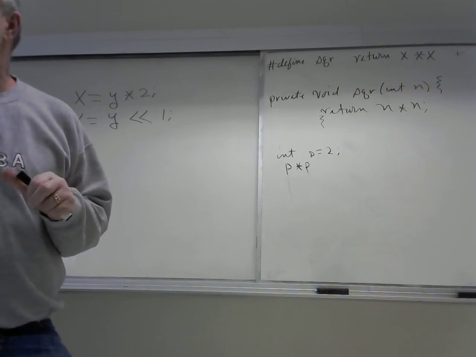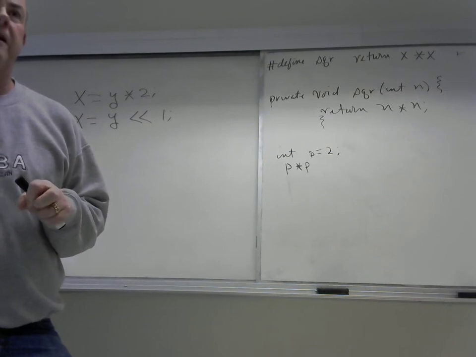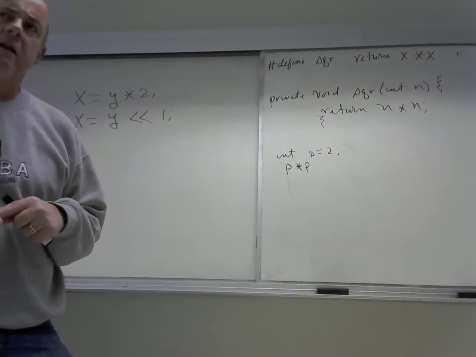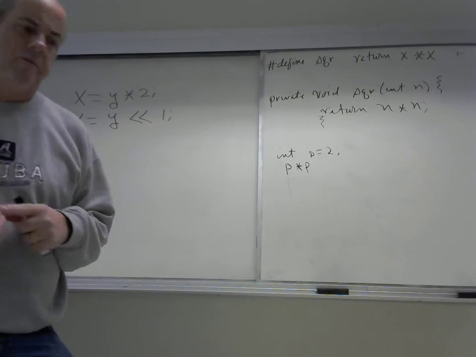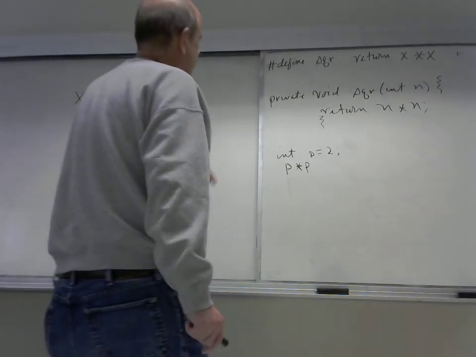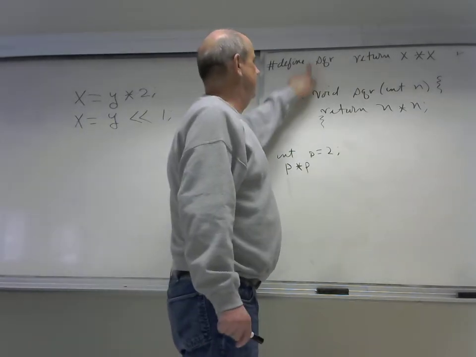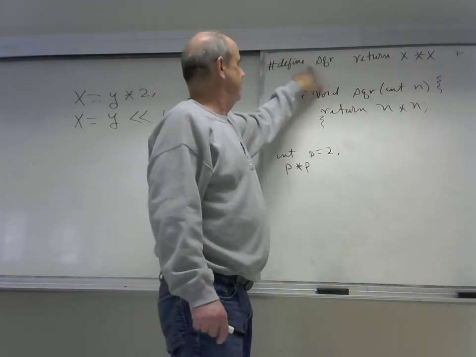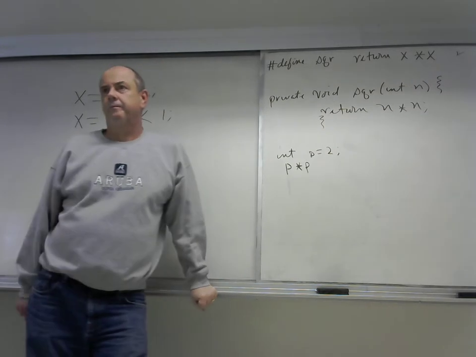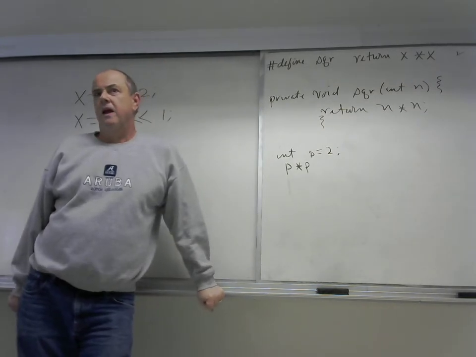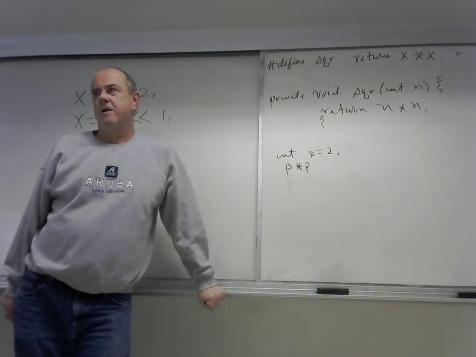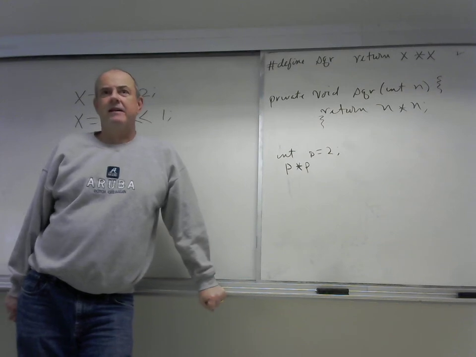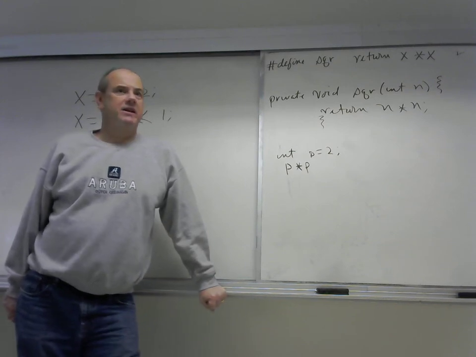Other questions, anyone? So why would you do that? Why would you do the compiler? You wrote this, the compiler takes it out and gives you this instead. It's faster. Right, this is about compiler optimization.